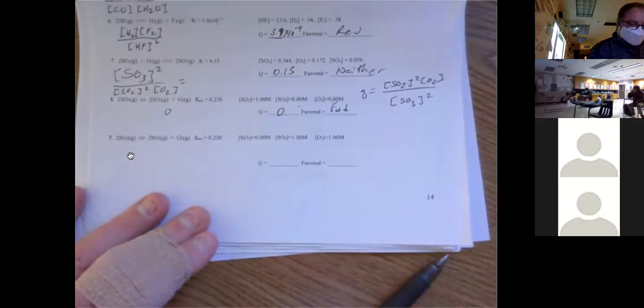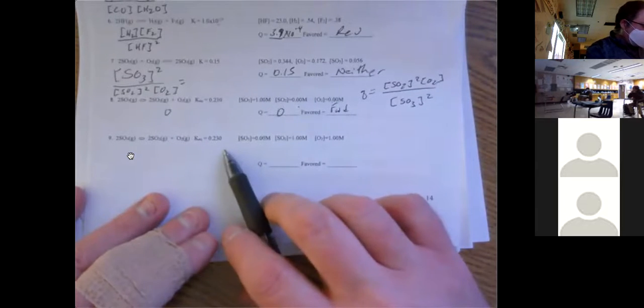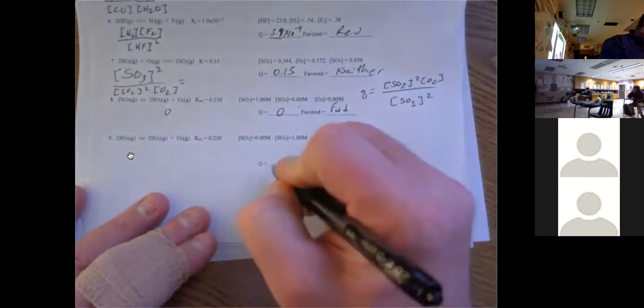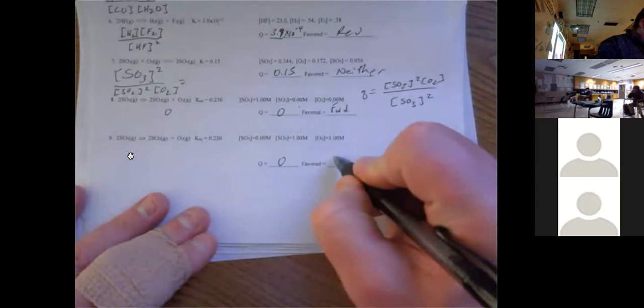Next one, we have 0 reactants. So what do we know here? What do we have to make? Reactants. So Q is going to be undefined, but we know that the reverse reaction is favored.